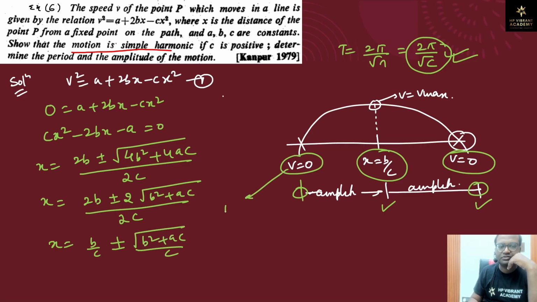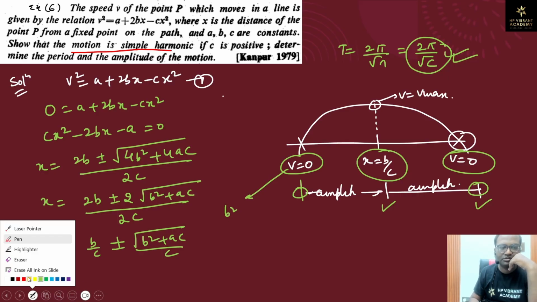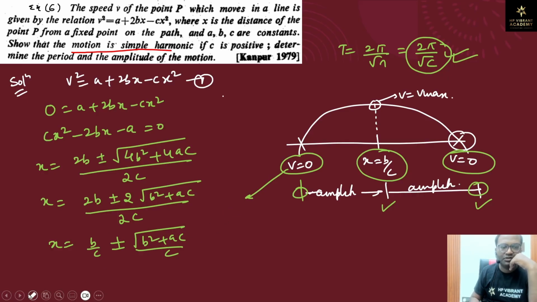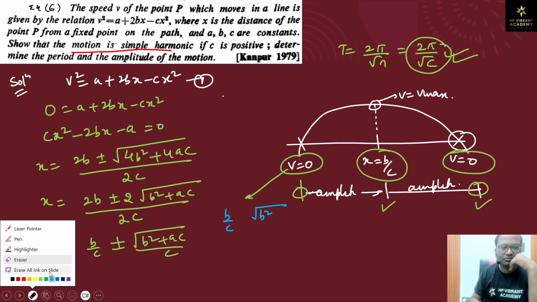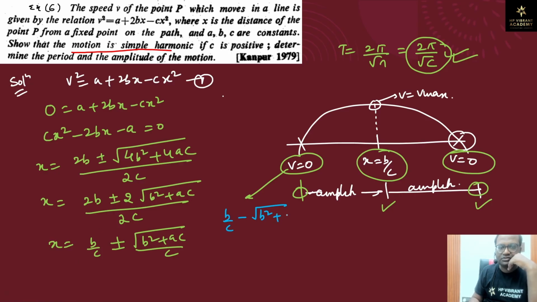This point is b upon c minus root under b square plus ac upon c, because it is the negative sign, and this point is b upon c plus root under b square plus ac upon c. This point is a, this point is o, and this point is a dash.